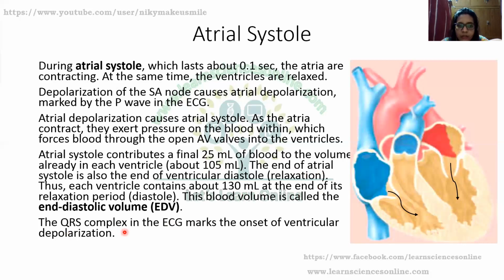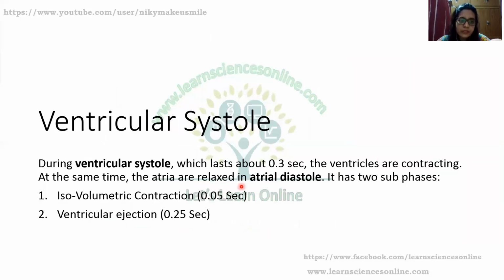And then after the P wave, the QRS complex in the ECG marks the onset of ventricular depolarization. The next step is ventricular systole. As I already told you, after the P wave there is the QRS complex, which shows ventricular systole, or contraction of the muscles of the ventricle.